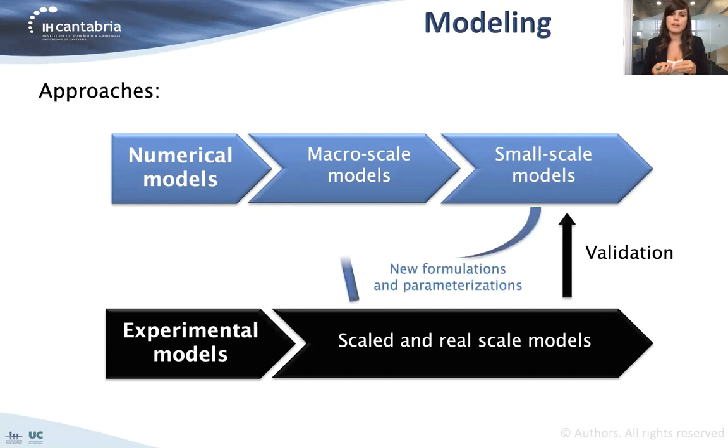And both give us new formulations and parameterizations that can be used to fit larger scale models, able to deal with an entire ecosystem and even more than one, using those parameterizations needed because those large scale models are simplifying the physics involved in the problem. So those new formulations and parameterizations from the small scale can help us in these larger scale models.